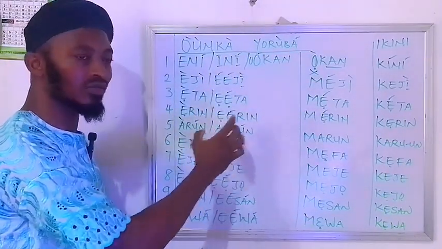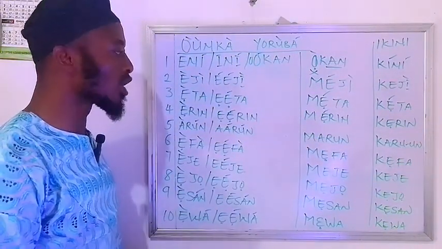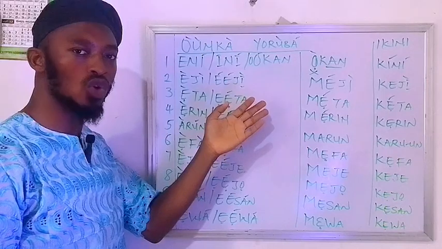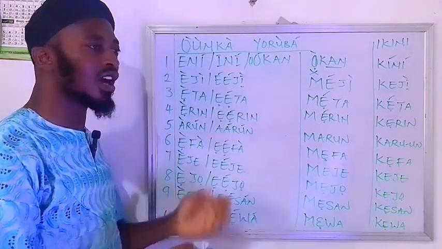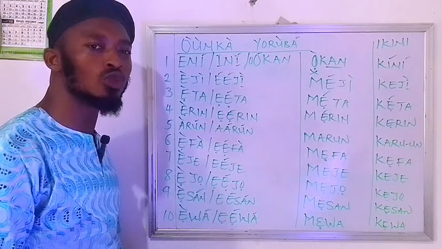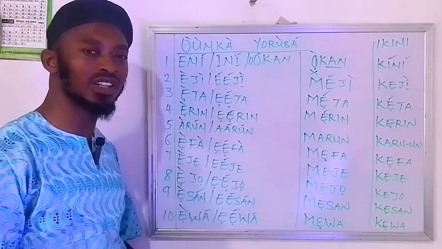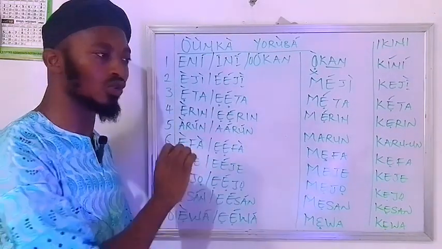This one now is quite easy peasy, like we all say. But when we get to 11 to 20, you will notice some little difference in the Yoruba number system. And I can tell you, Yoruba is a very interesting language to learn, especially our number. It's easy to learn. What you just need to do is pay attention to it.